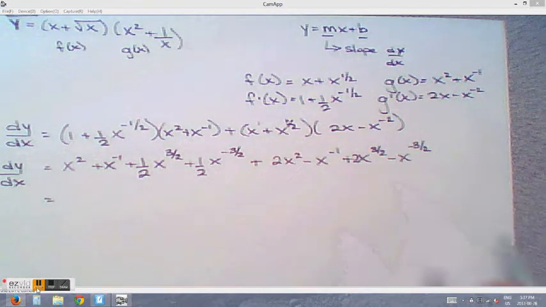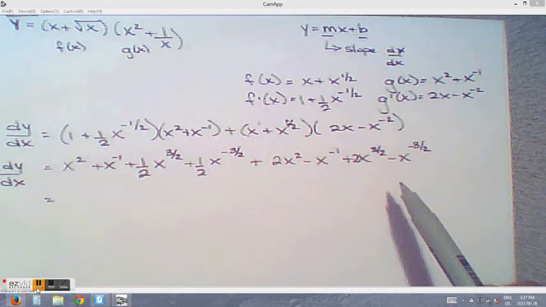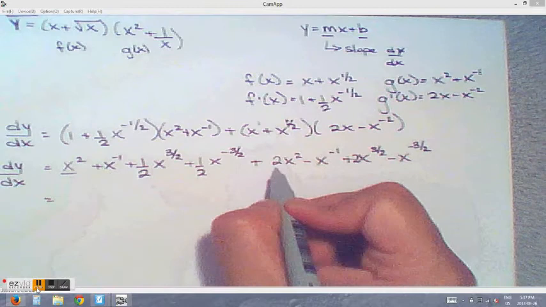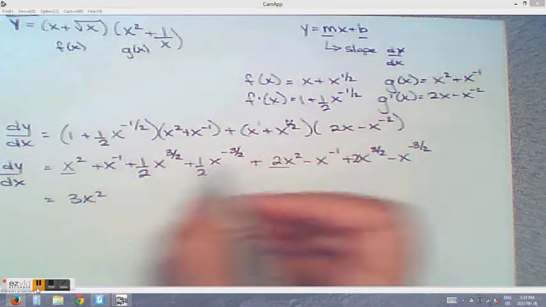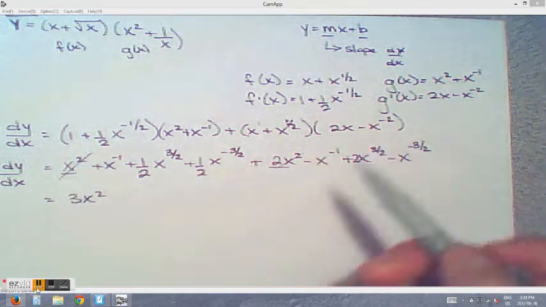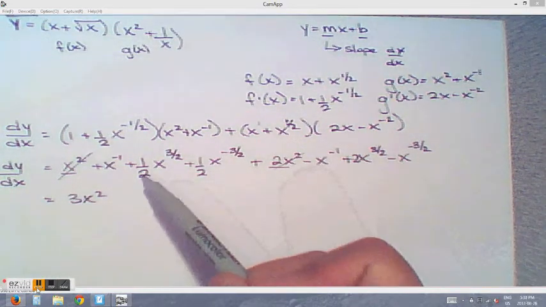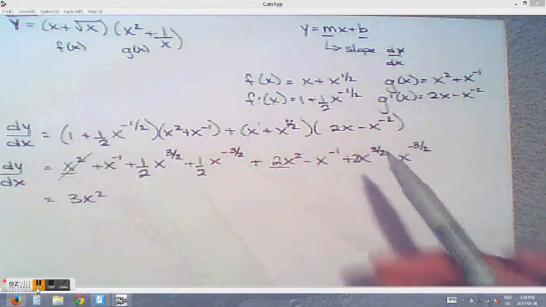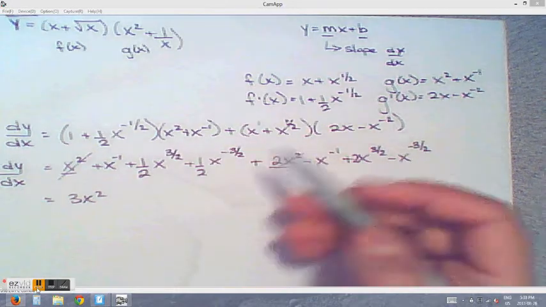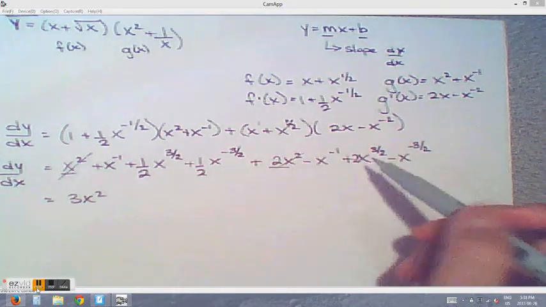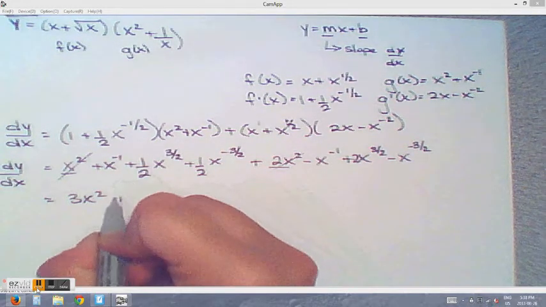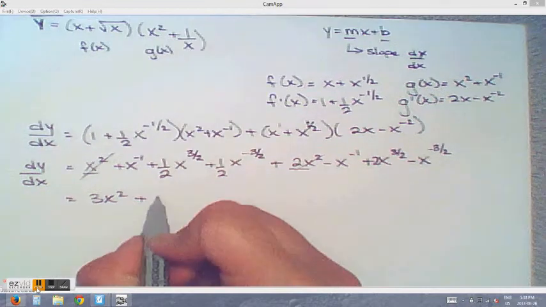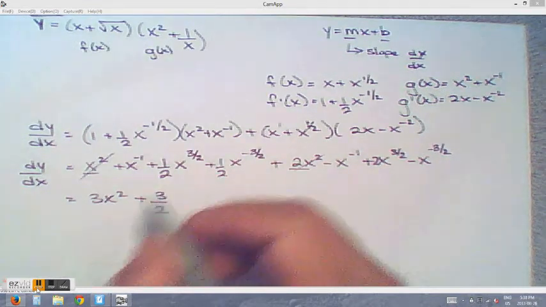All right, so the next step would be for us to collect like terms. I'll start with the highest, these two. So it'd be 3x squared. Then we'll do, I guess I probably should have done this one first, 1/2 plus 2, over 2.